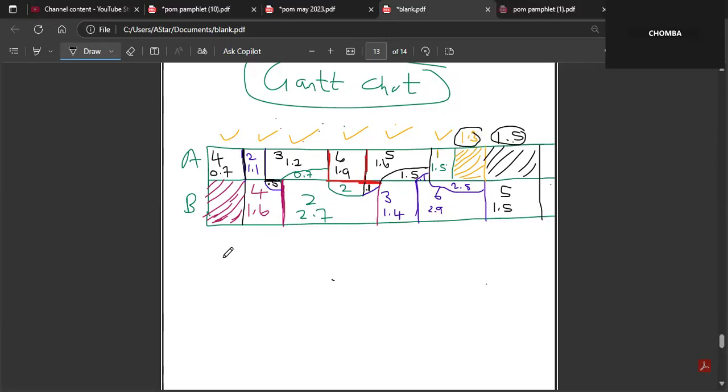So the total idle time for A will be 1.3 plus 1.5, right? Then idle time for B is just the 0.7. Which 0.7? Just this part here. You get the point, right? We haven't finished job 1.